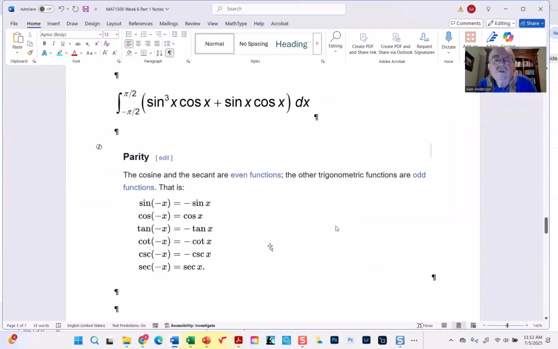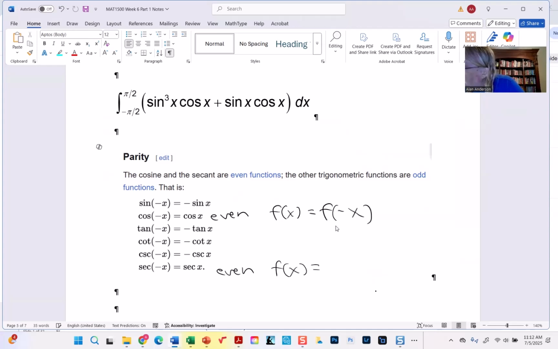And so they're also along the way mentioning to us that the cosine and the secant are even. And you can see why, because in this case, f of x equals f of negative x. The others are odd.